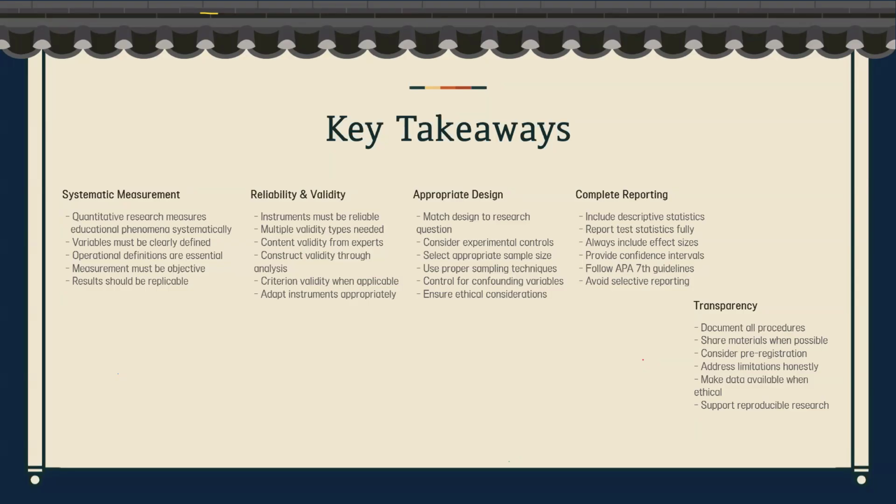Complete reporting. Always include the full statistical trio: descriptive stats, test stats, effect size, and confidence intervals. 5. Transparency. Document all procedures, share materials when ethical, and support reproducible research.